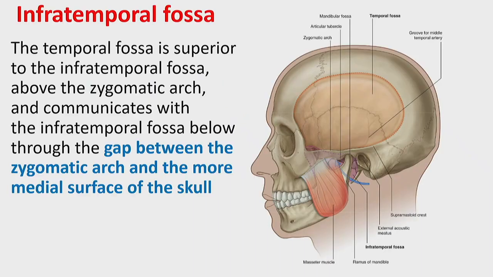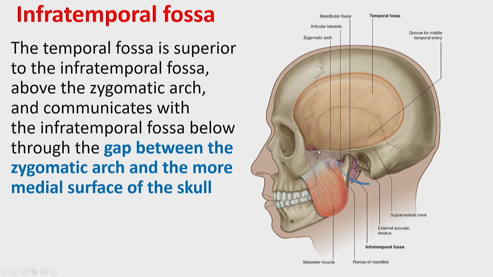According to its name, the infratemporal fossa is the fossa which is below the temporal fossa. Where is the temporal fossa? The temporal fossa is located between the zygomatic arch and the bones of the skull, respectively the squamous part of the temporal bone, the temporal surface of the greater wing of the sphenoid bone, the parietal bone, and some part of the temporal bone.